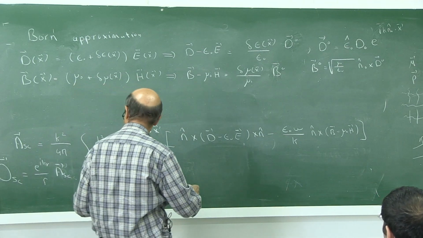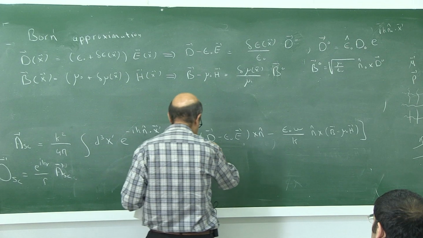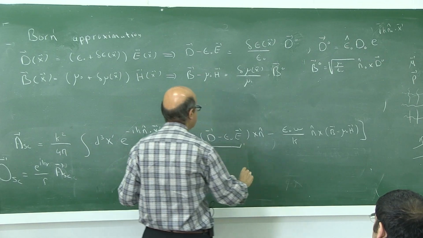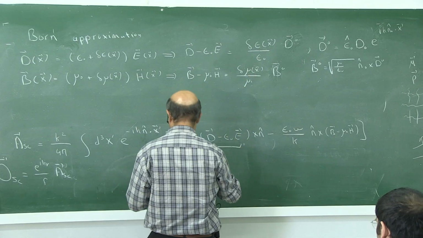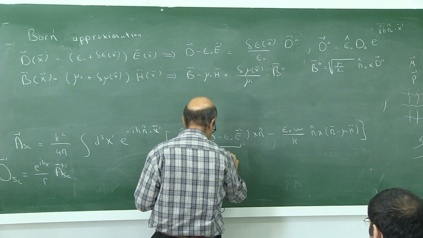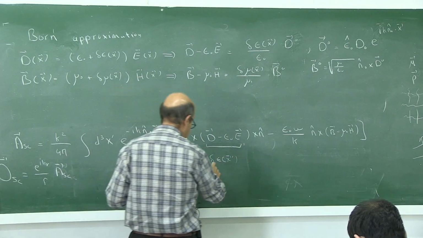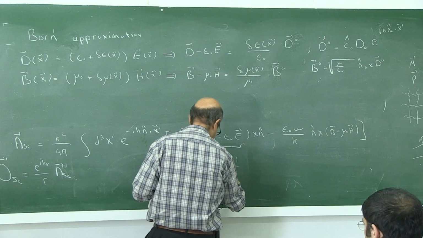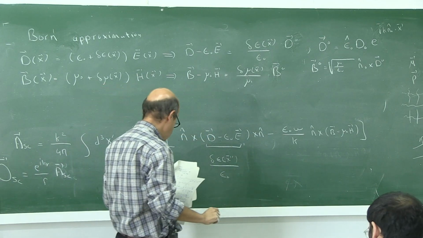So let me do this one. So you have the scattering amplitude. Instead of D minus epsilon 0 E, write delta epsilon, which depends on x prime, over epsilon 0 times D0.